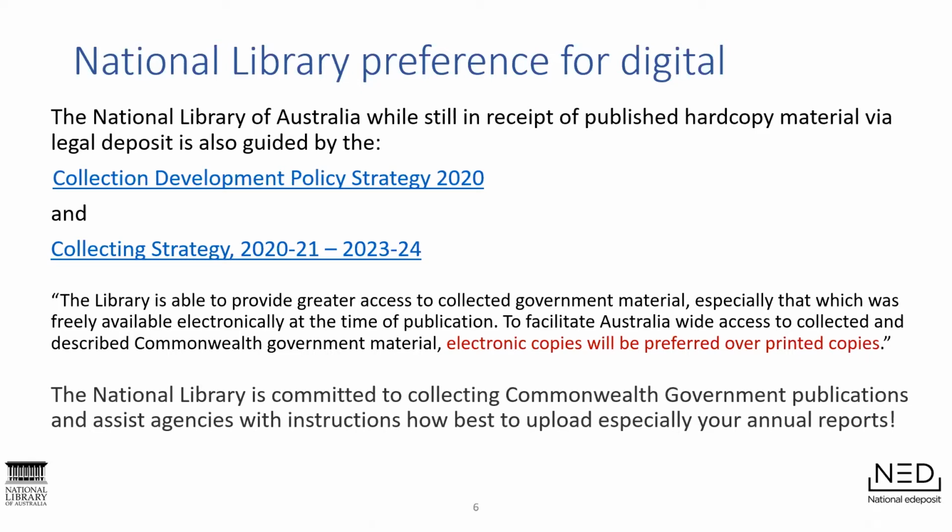Prior to this, hard copy was published and distributed. The digital format ensures the information is available Australia-wide and will work with the Digital Transformation Office and our Commonwealth colleagues in Canberra and an interstate office to ensure upload of publications is more widely accessible.